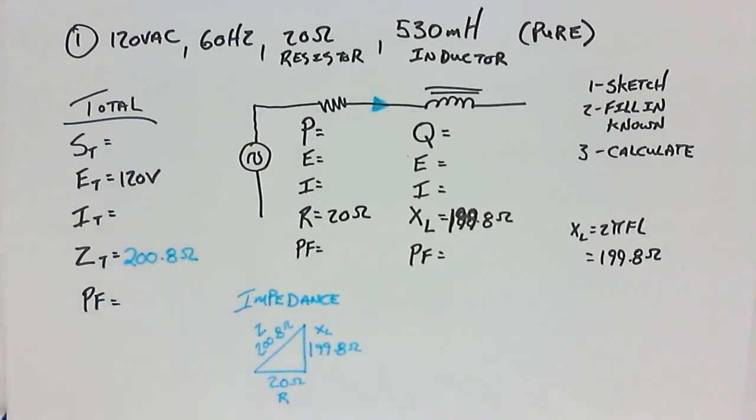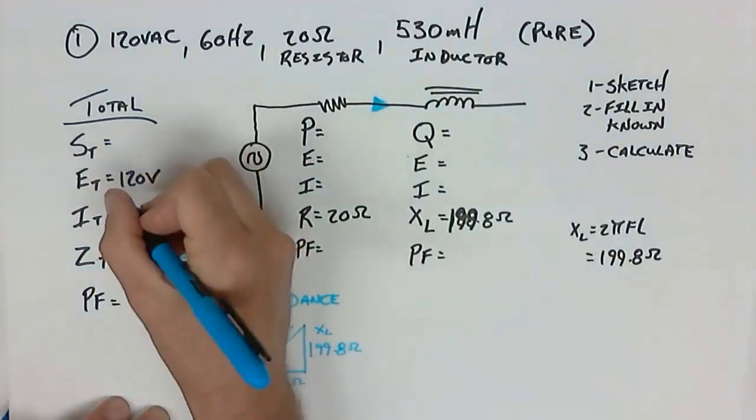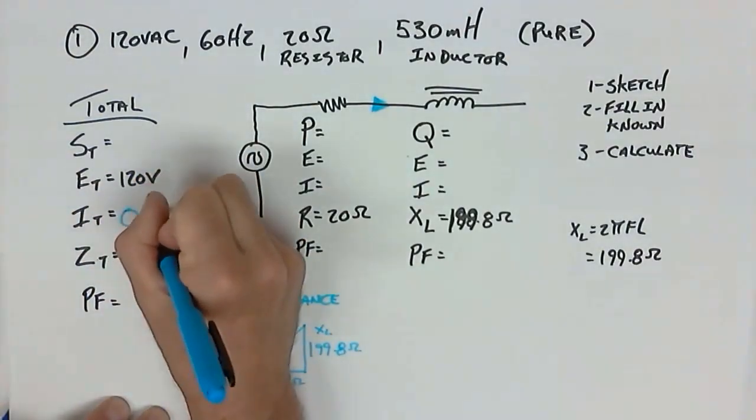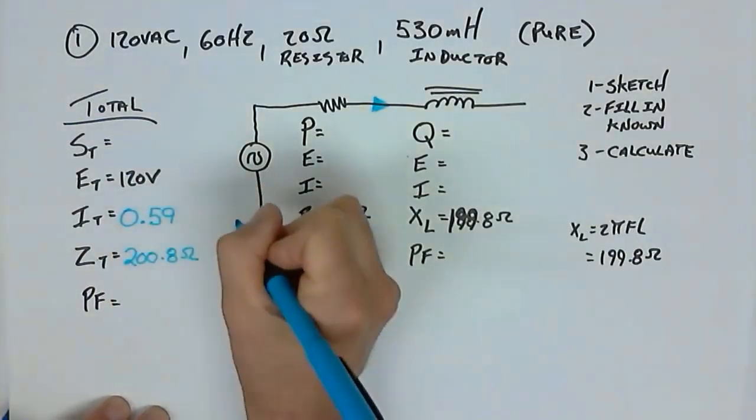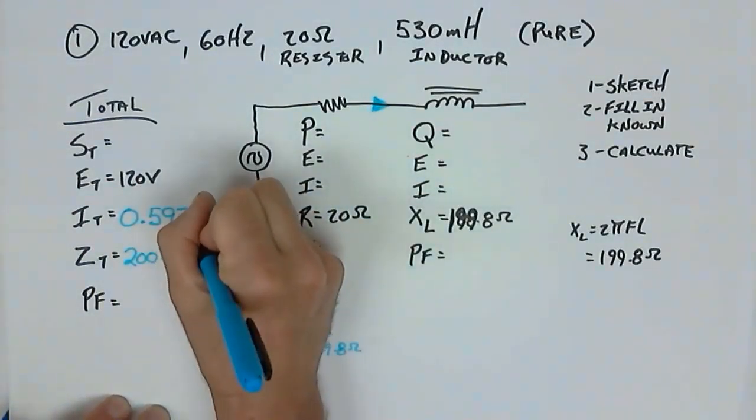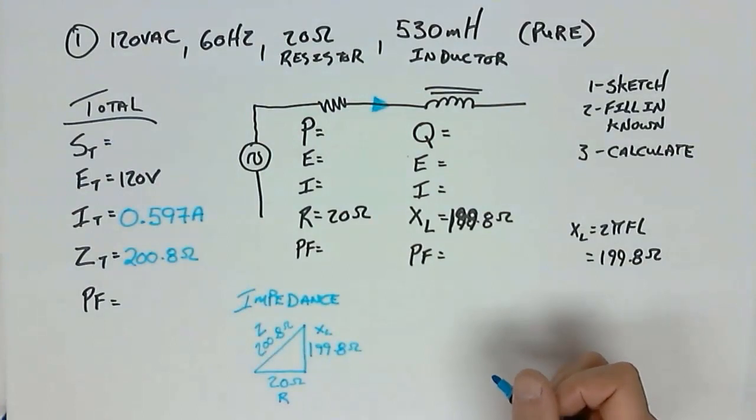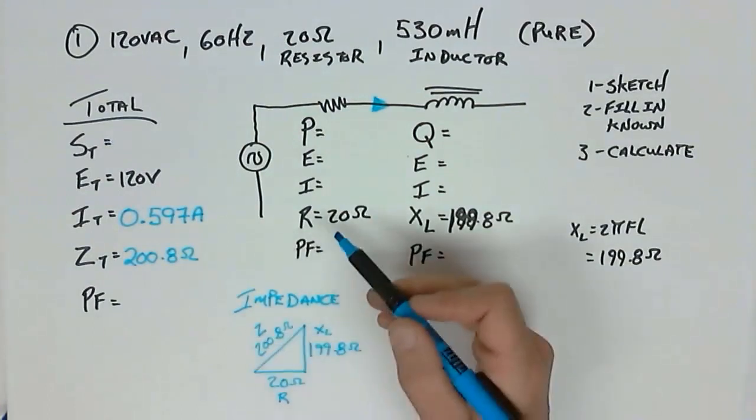So we're going to use Ohm's law. Ohm's law is ohms and volts, right? So I is equal to E over Z, 120 divided by 200.8. That gives me a current value of 0.59. I'm going to take it to 3 decimal places, amps. 0.597 amps.